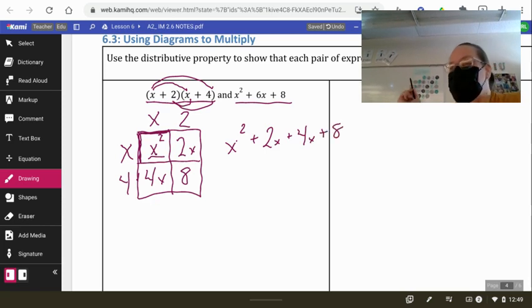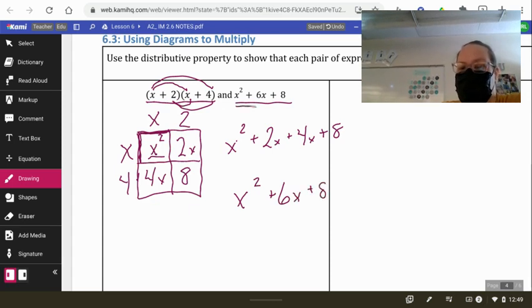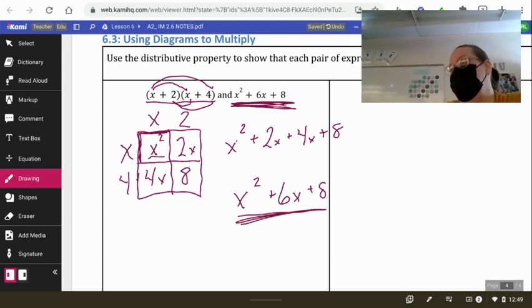Is this my final equation? What do I need to do to it? Combine those like terms, right? Put them together. So at the end, my equation is x squared plus 6x plus 8. Now look at that. We just proved that this standard form is equal to that factored form, right? Multiplying it out.